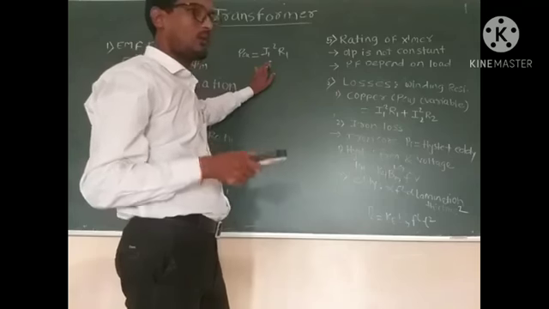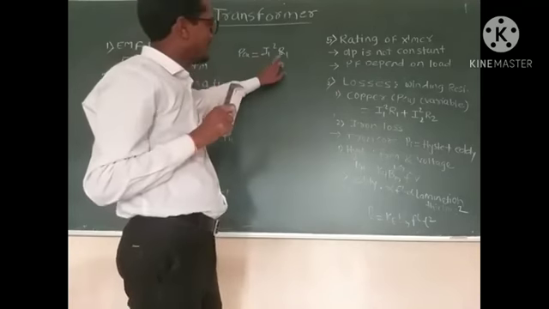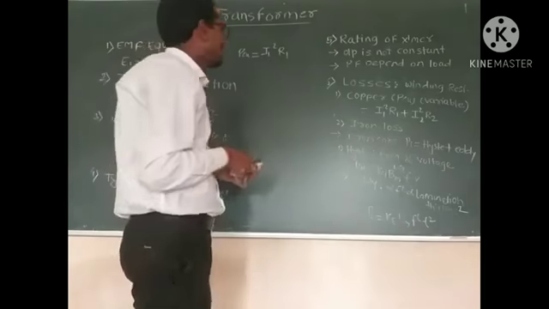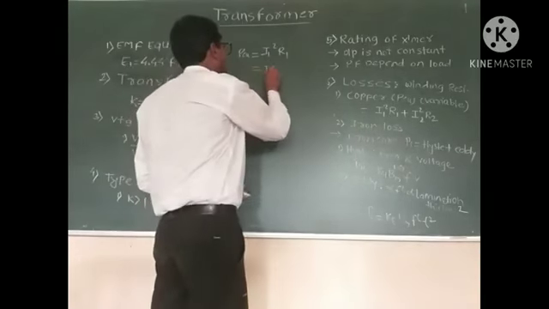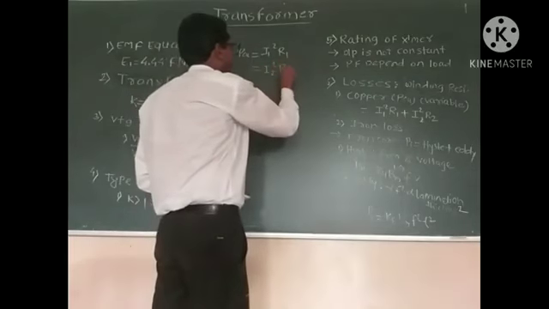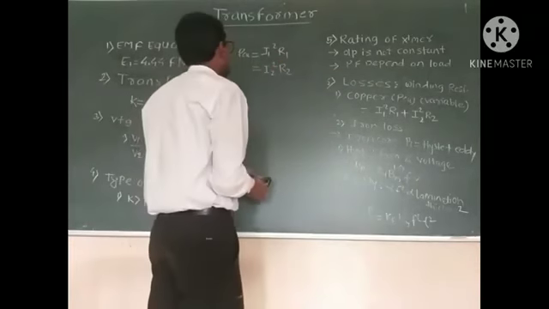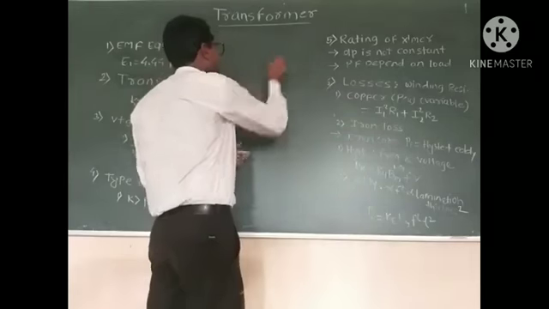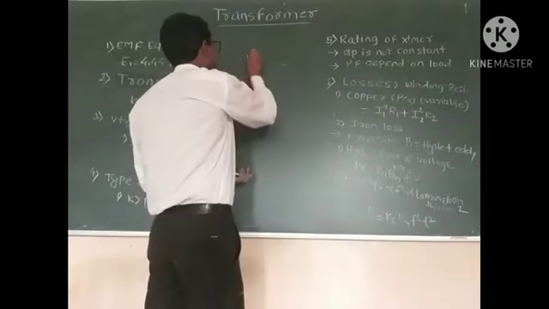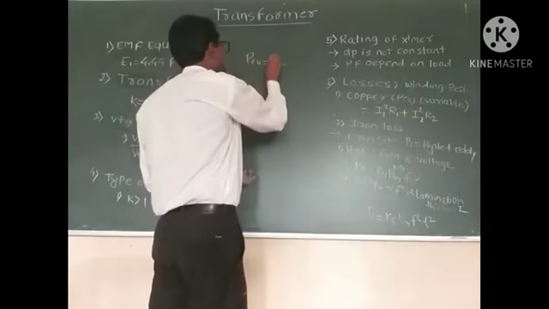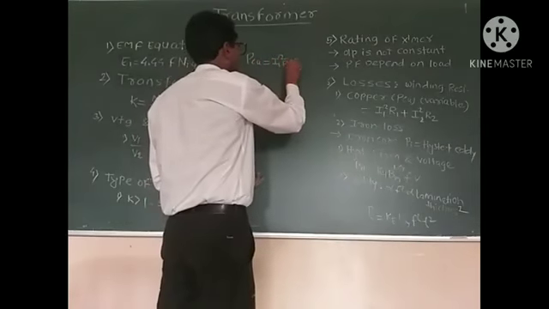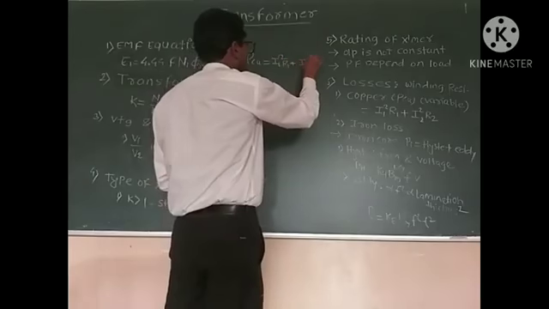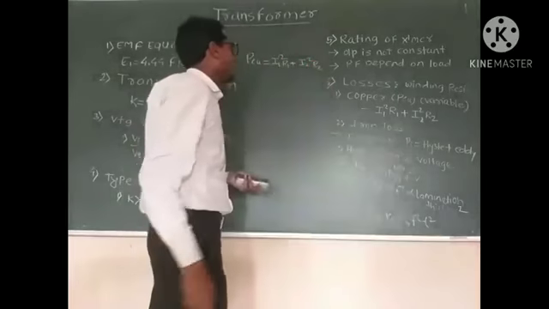So if we have to reduce the loss, we have to reduce this R. For the secondary side it is I2 square R2. That means the total loss PCU equals I1 square R1 plus I2 square R2.